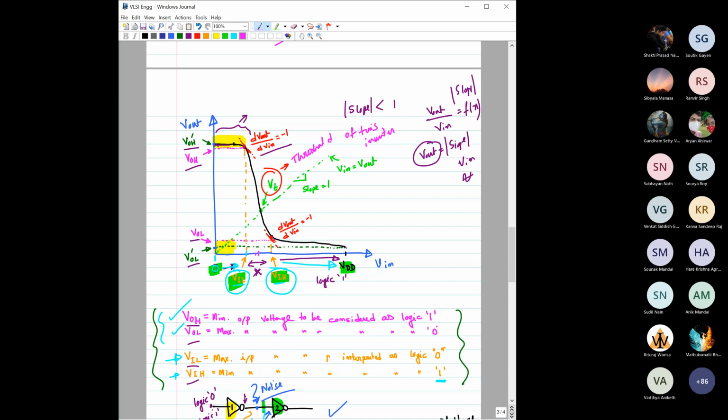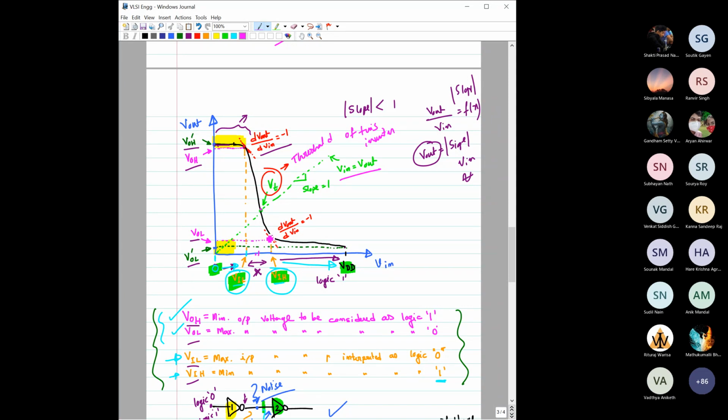Now, how to get that threshold from this VTC? Very easy. Draw the VTC, then plot a line which represents V in equal to V out. That means just make a 45-degree line here, and the intersection of this line with the VTC will give you the threshold of this inverter.